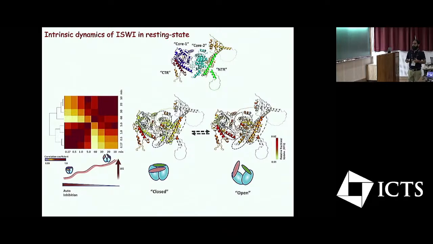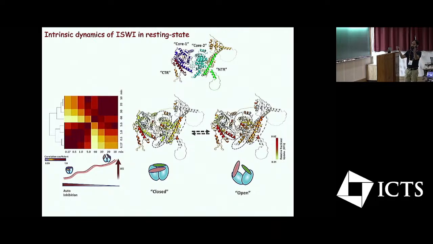So it appears from our data that the I-switch is not a static structure, but is intrinsically fluctuating between open and closed conformations, and the relative populations are determined by their energies. So this is one part.